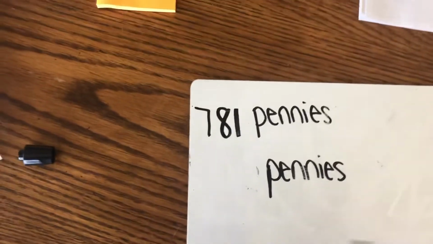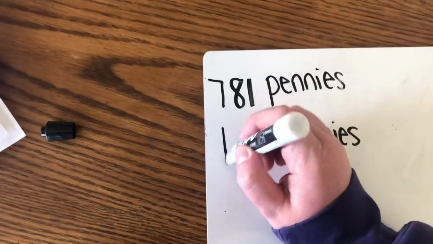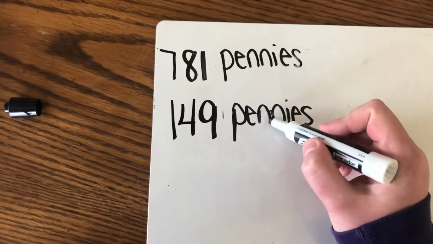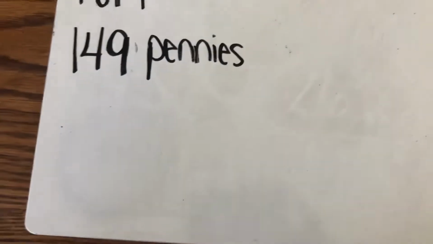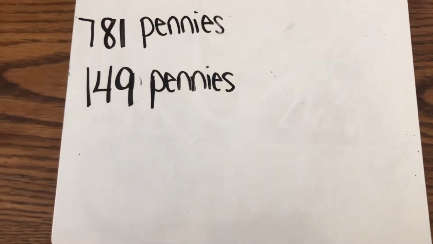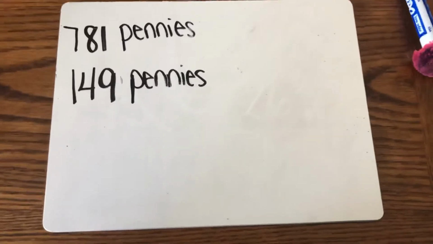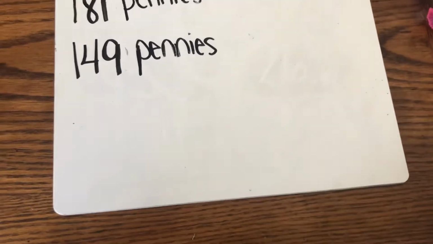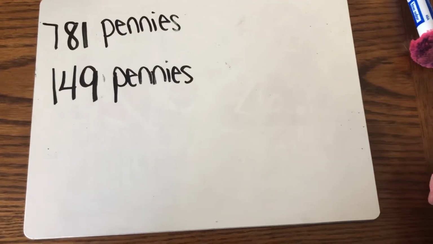781 pennies. I have 781 pennies, and I want to give 149 pennies to Corley. Okay, so go ahead and write that on your scrap piece of paper. And you can go ahead and write your estimate or your guess on your paper of what you think I'm going to have left after I give 149 pennies to Corley.